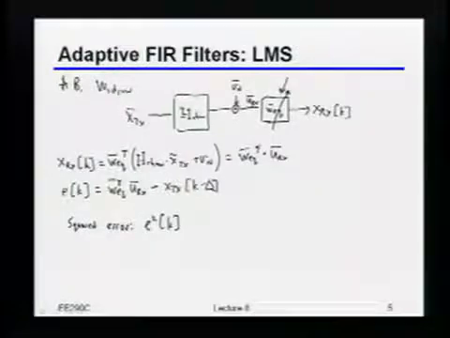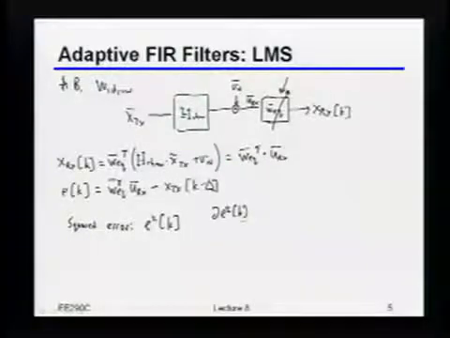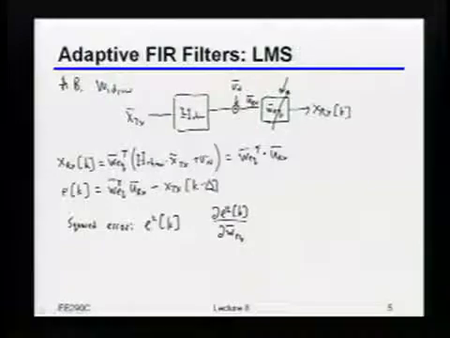So what we're going to want to do is take the derivative of e squared of k with respect to my equalizer coefficients. Just to be clear, I am taking the derivative with respect to a vector here. That just means that I'm taking the derivative with respect to each one of those individual things.